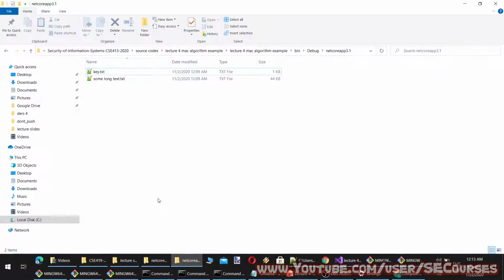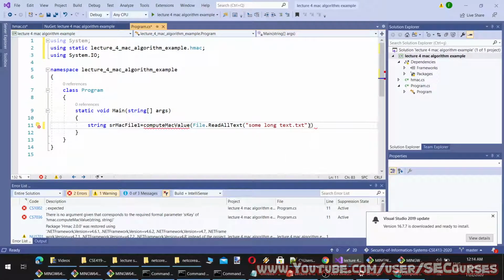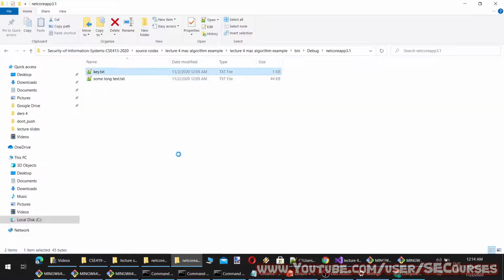So it will be reading some long text and the key. So the key will be like this.